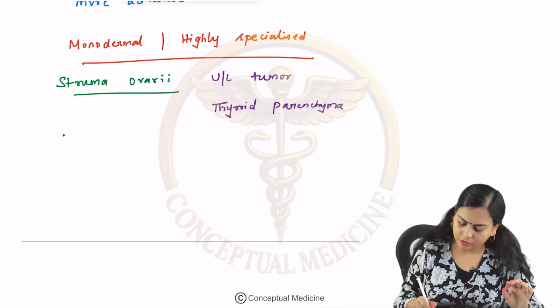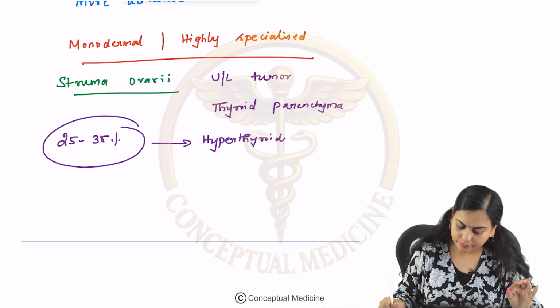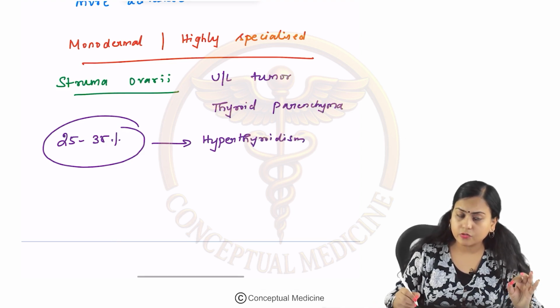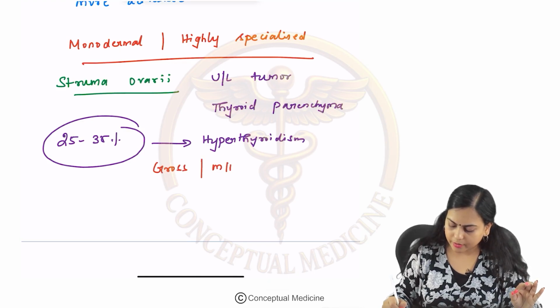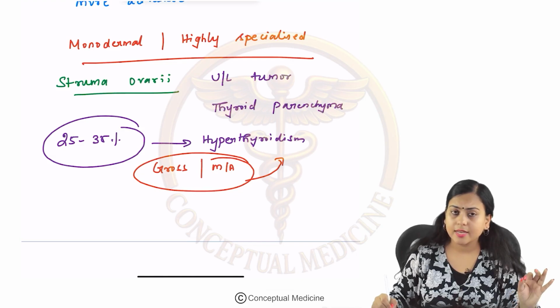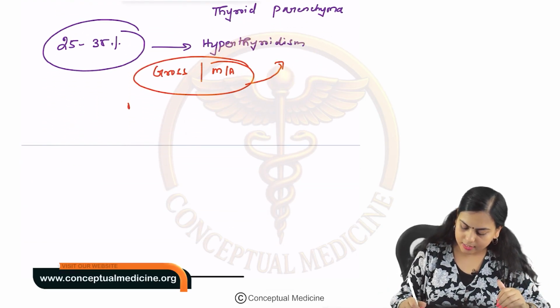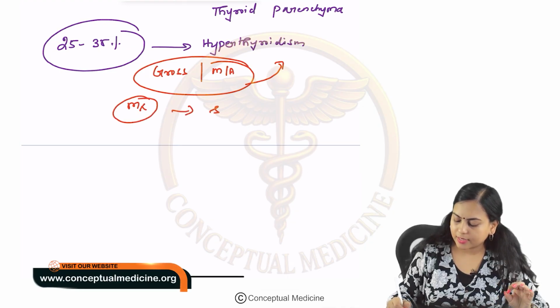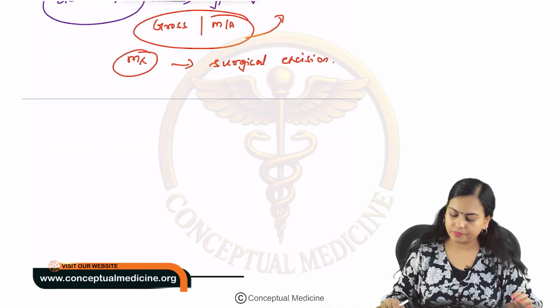About 25 to 35% of the patients will be presenting with features of hyperthyroidism. The gross as well as the microscopic appearance of these tumors will be similar to that of normal thyroid tissue, and you have to manage this condition by surgical excision. Is that clear? Right.